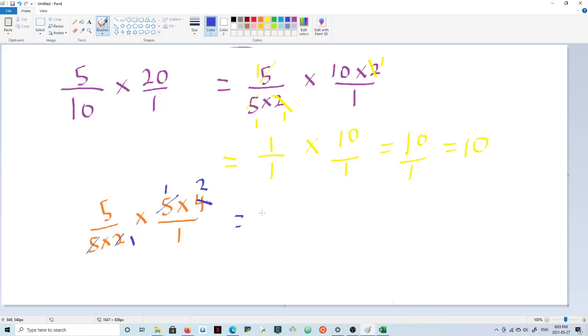So you really have again here 5 upon 1 times 2 upon 1, which is 10. So this should give you some more ideas how to break down fractions and multiply.